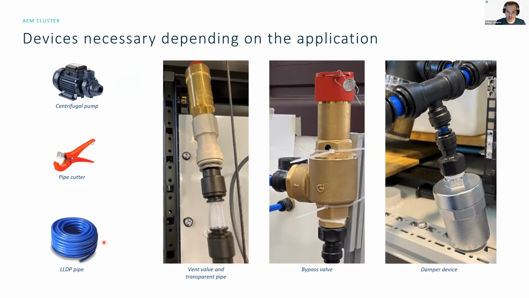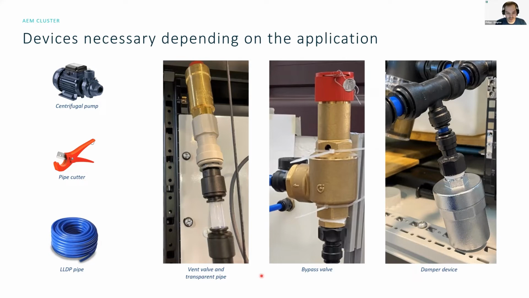And please be aware that for your cooling loop, you need to dimension them appropriately. So when you have bigger systems, make sure that the pipes you're using have a diameter which is sufficient for providing enough cooling flow and then also enough cooling power.